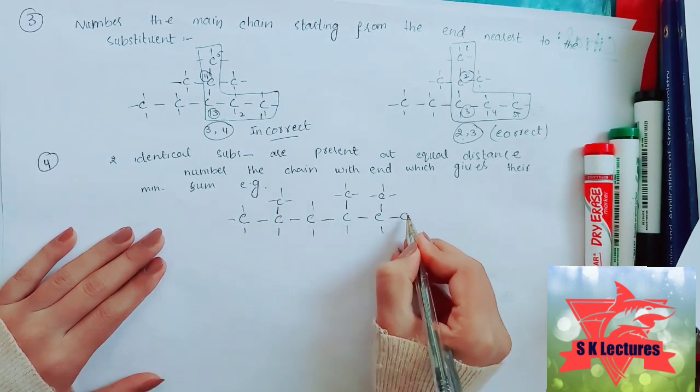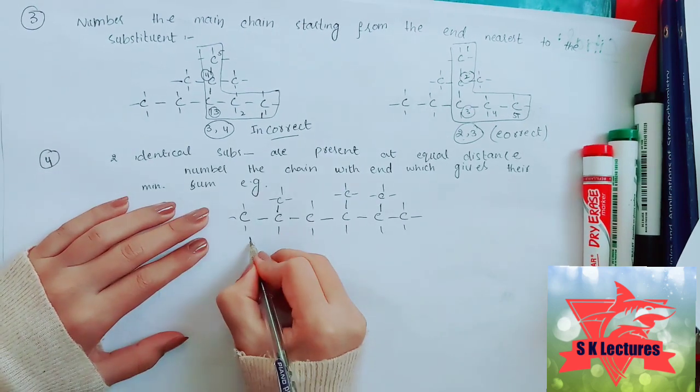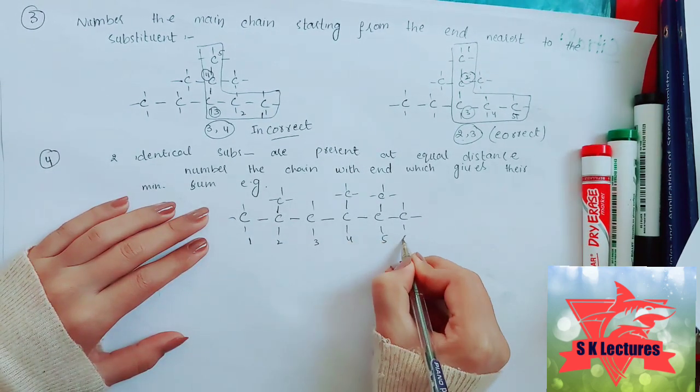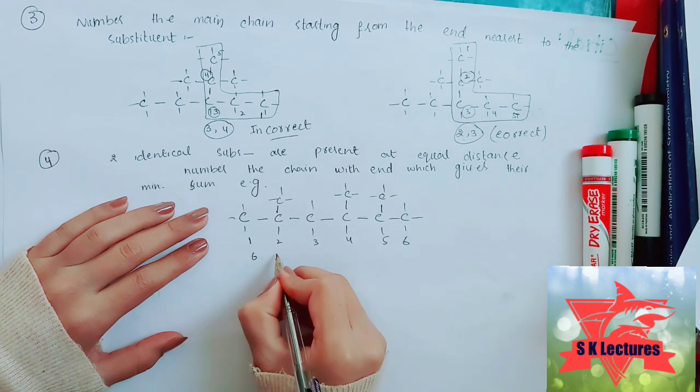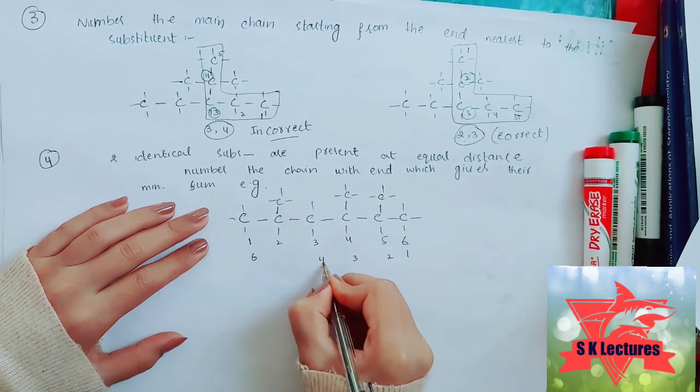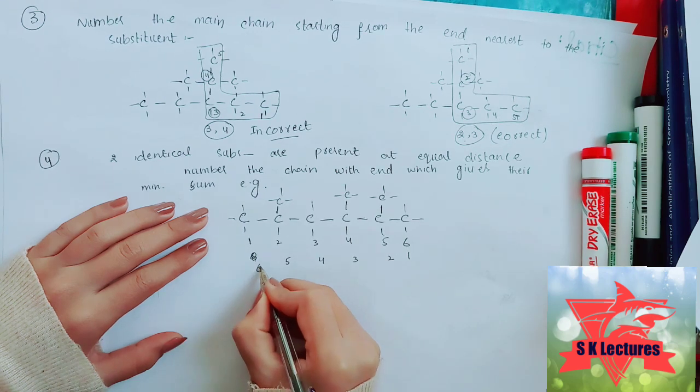If we number them starting from this end, then 1 2 3 4 5 and 6, and another numbering from the other end, 1 2 3 4 5 6.